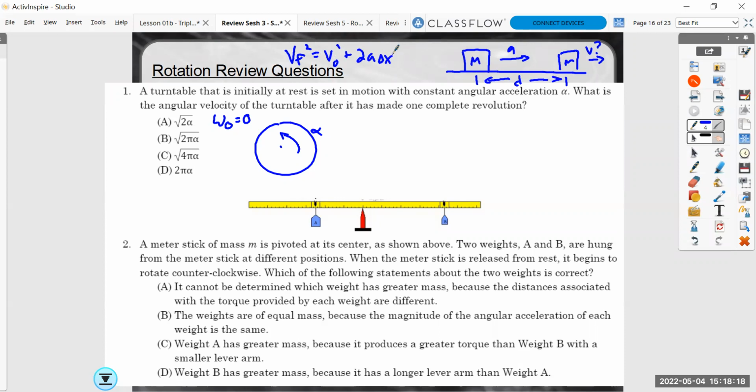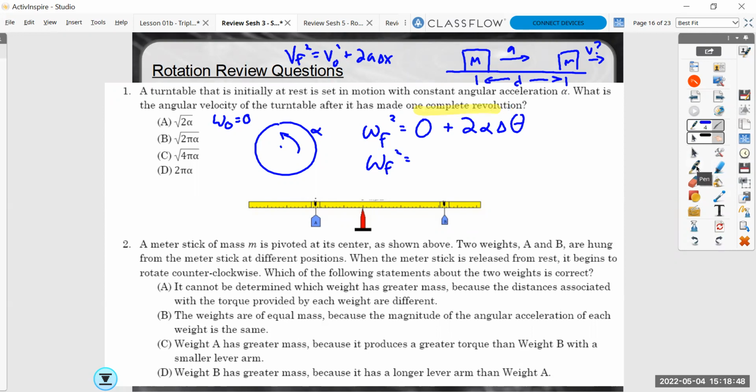So let's see if we can figure that out. Here we're looking for omega final squared. Well, our initial omega started out at rest is nothing. And it's accelerating at alpha. And instead of my displacement, I'm going to look at my angular displacement. And here's where we got to ask ourselves this question, which is, if the thing goes around one complete revolution, how many radians is that?